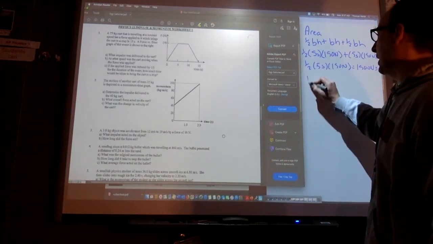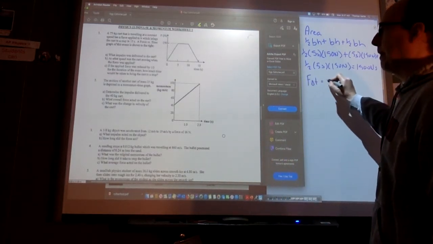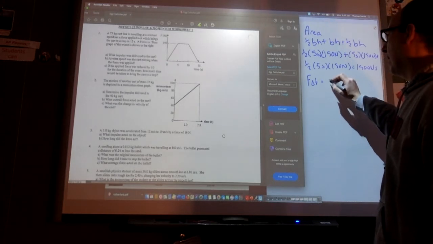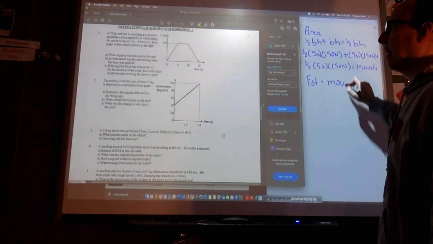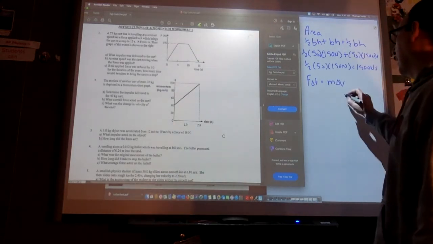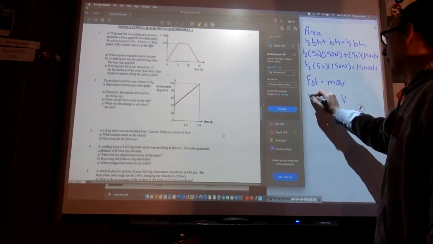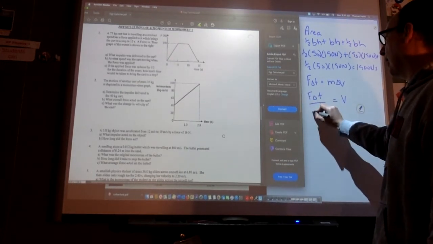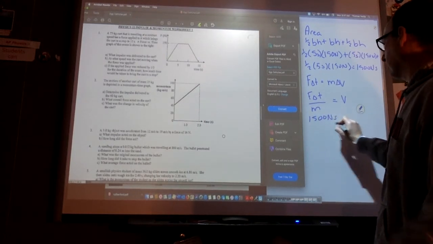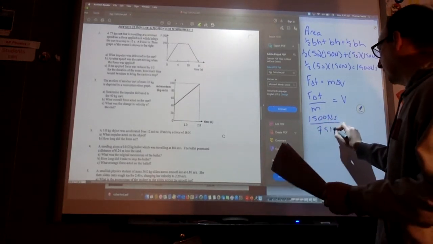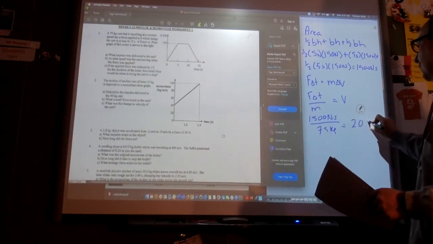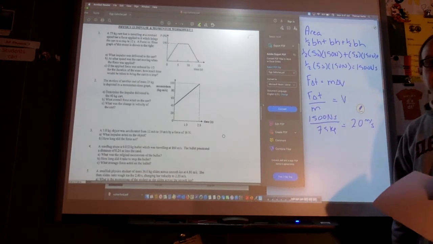So we could say, I could take the impulse that I just solved for and divide it by the 75 kilograms, which gives me 20 meters per second.